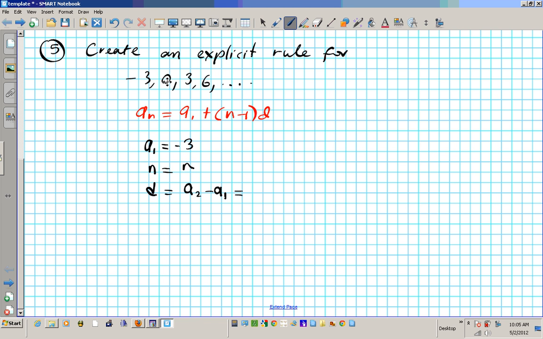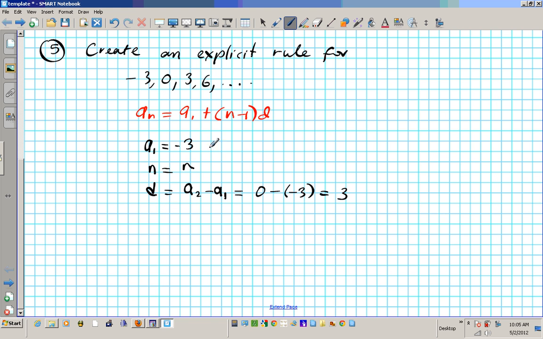A term subtracted by the term before it will give you the common difference. So we do 0 minus negative 3. You have to be careful with the sign. In this case, you're going to have 4. I'm sorry, you're going to have 3. 0 minus negative 3 is positive 3 because minus times minus is a plus. So you're going to have positive 3.